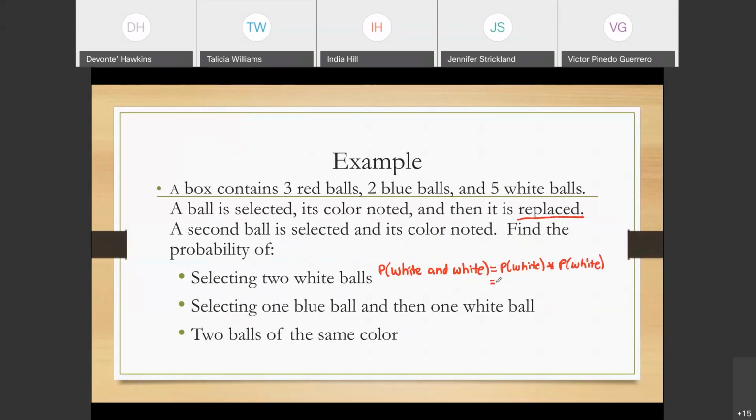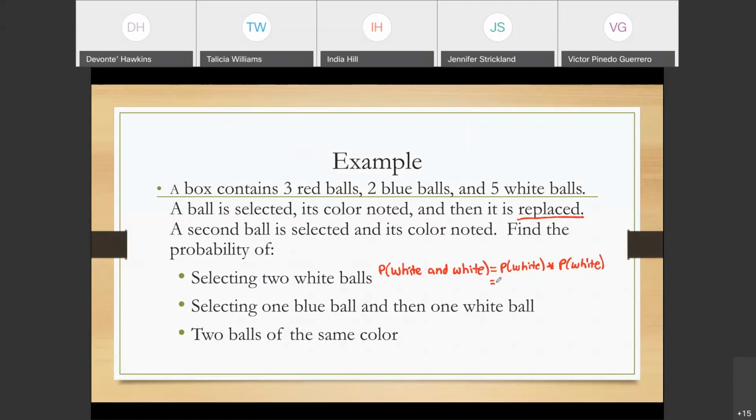The first time I reach into the box, what are my chances of pulling out a white ball? Would it be 5/12?